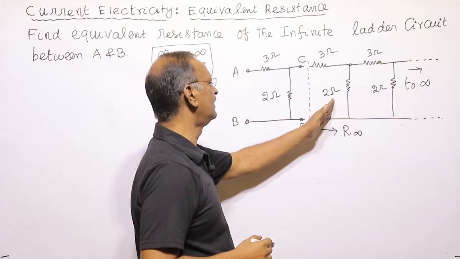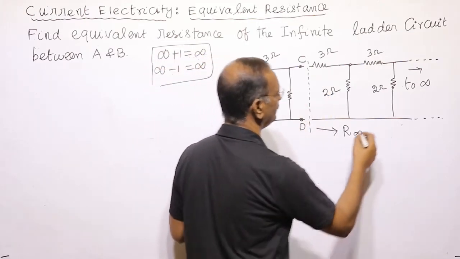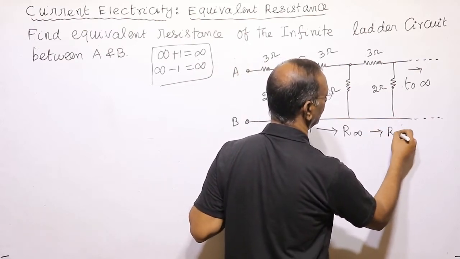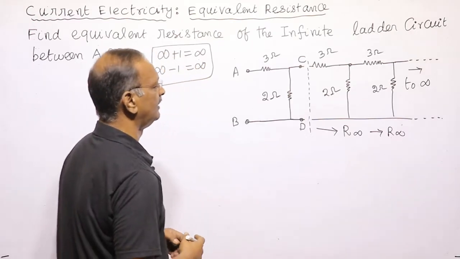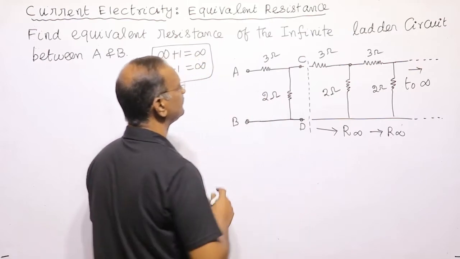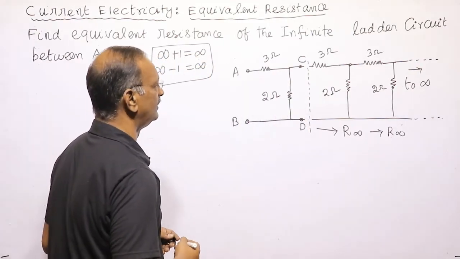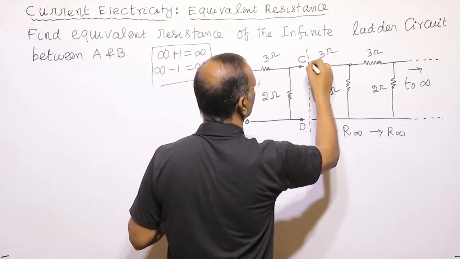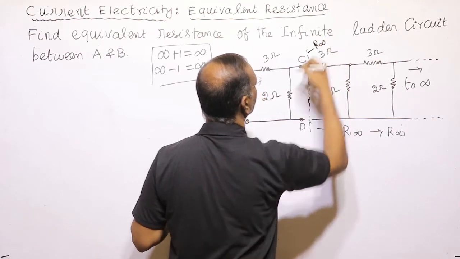Then if you add this R infinite resistor with this one, again it will become R infinite, because with infinite, if you add something, again it is infinite only. So this portion we can call R infinite.